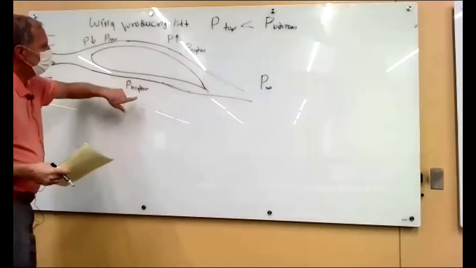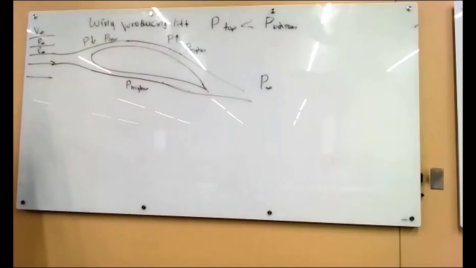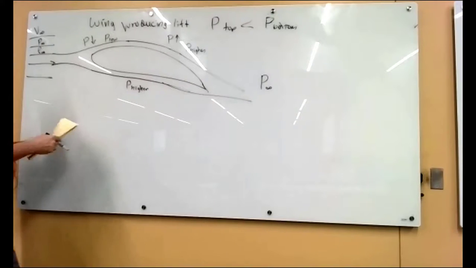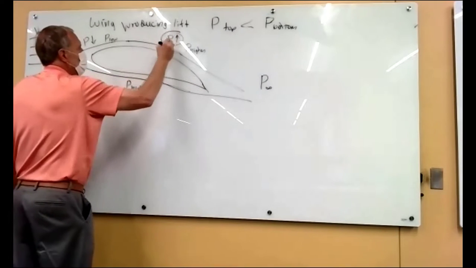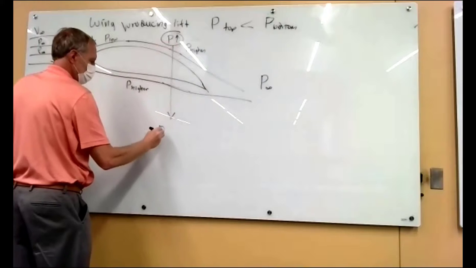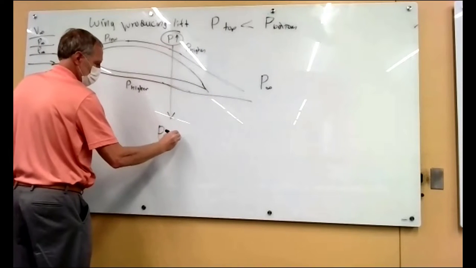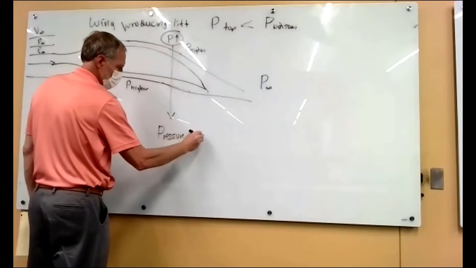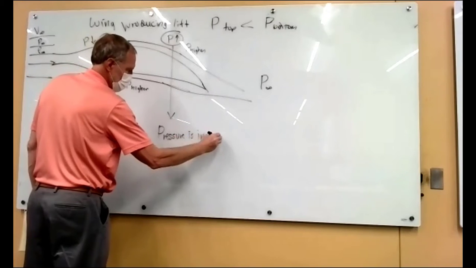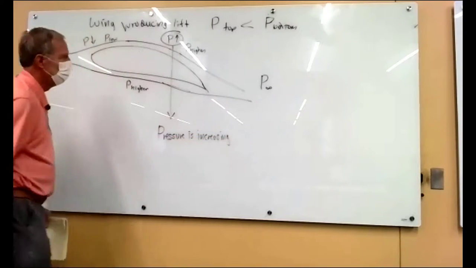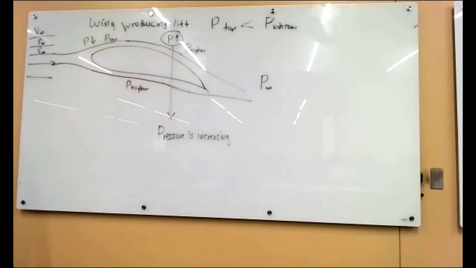It's still maybe lower than down here because you're getting net lift, but the key feature is that you're in this region here where the pressure is increasing. So far, so good. Flow goes around the bottom, pressure goes up, flow goes around the top, it gets low, and then it has to come back to normal pressure as you get down the edge of the airfoil.